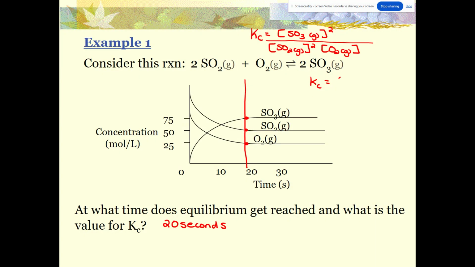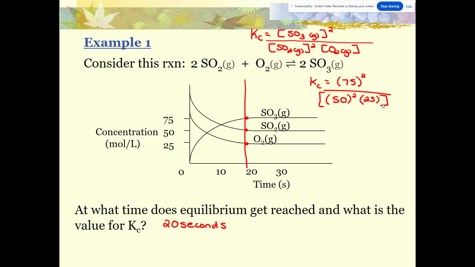So my SO3 is 75 moles per liter, that one's squared, divided by SO2, which is 50, also squared. Make sure everything here is in brackets. My O2 is 25, so make sure we have a big bracket under that entire denominator.